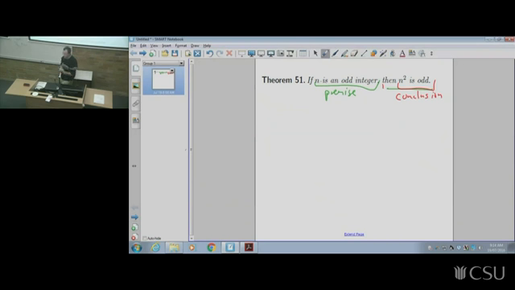So the basic approach, the strategy, what we're going to try to do is we're going to assume the premise. So we're going to assume that n is an odd integer. That's where we're going to start from. So we start by assuming the premise. You're going to do a bunch of steps.